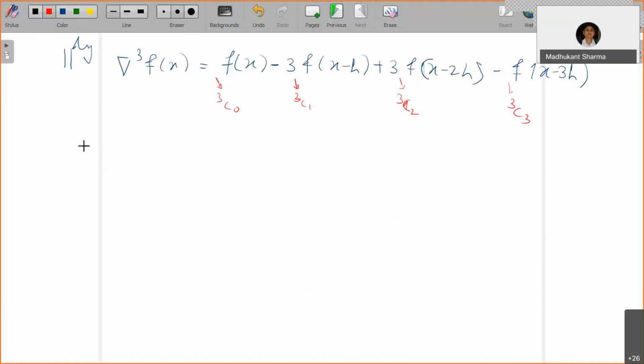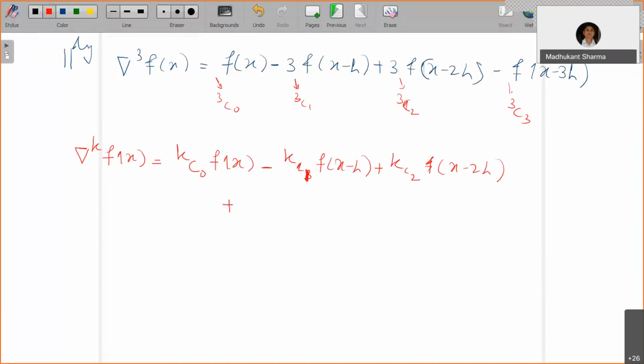The generalized one is delta k f of x. So kc0, you are starting with the present only, f of x, minus kc1 f of x minus h, plus kc2 f of x minus 2h, and so on, with alternating plus and minus signs, ending with plus or minus kck f of x minus kh.